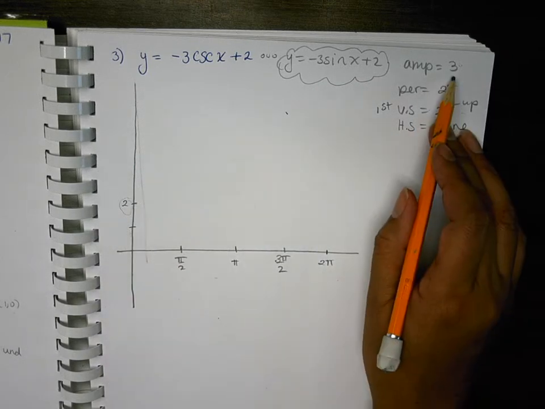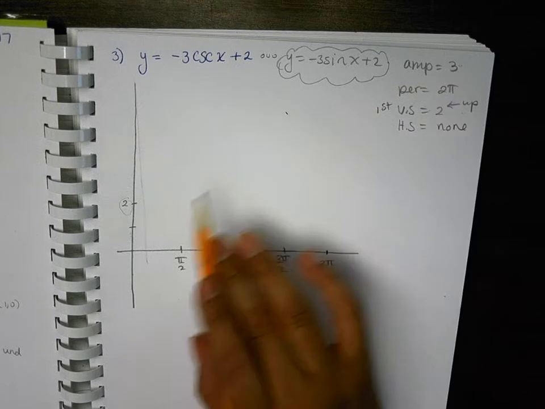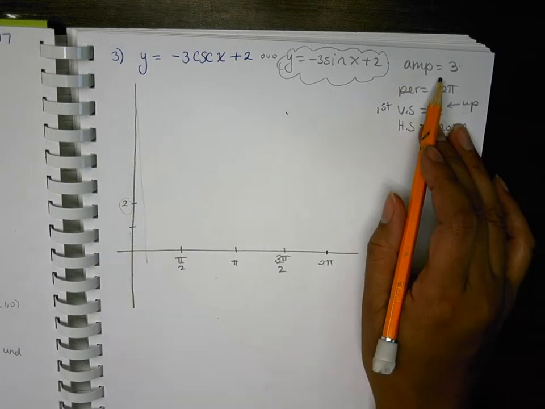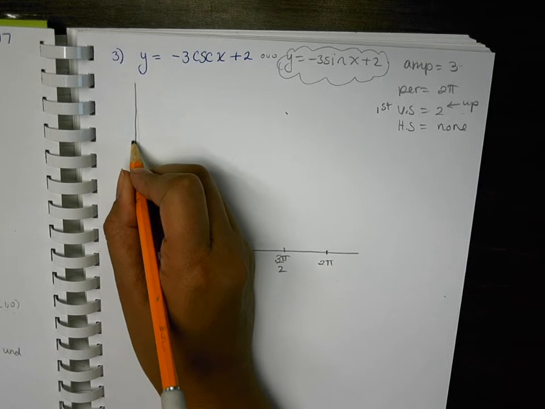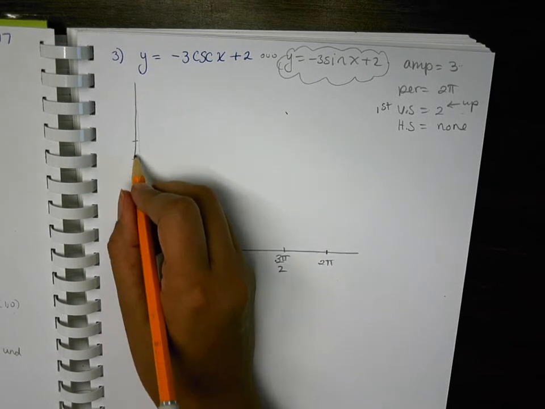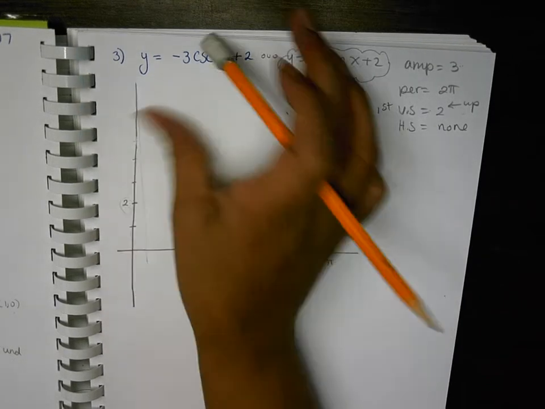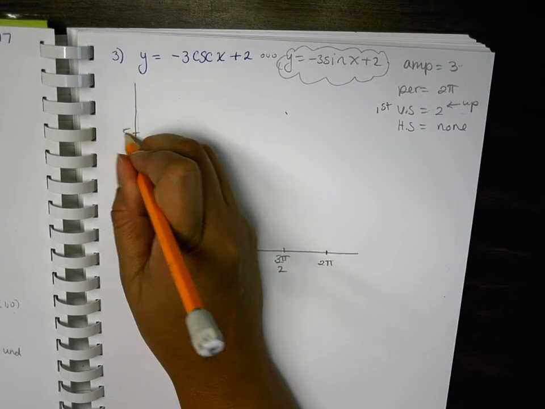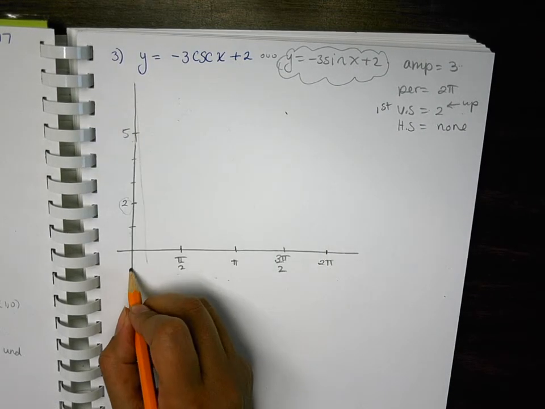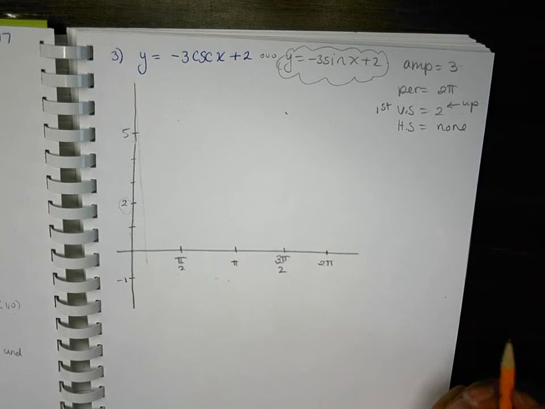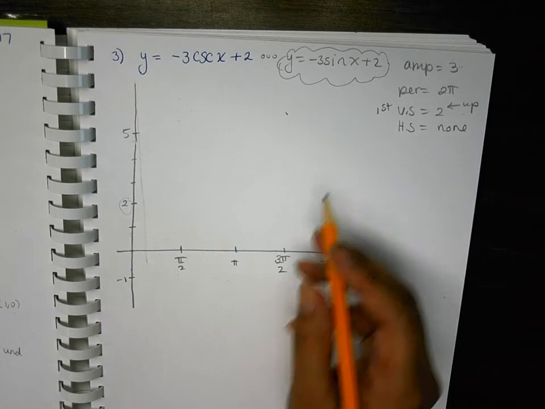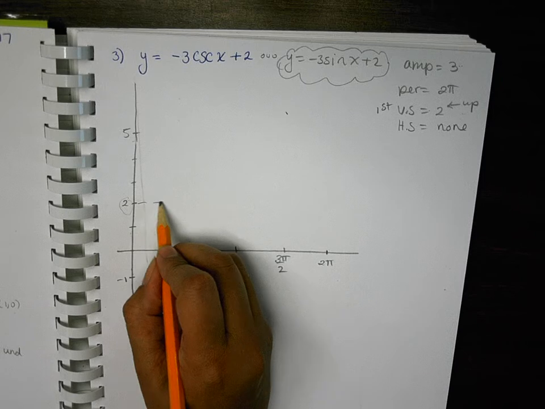What's 2 plus 3? And what's 2 minus 3? Does that work? Okay, 2 plus 3, so 1, 2, 3, that's 1, 2, 3, 4, and 5. And then down 1, 2, and 3 puts you at -1. Yes or no?